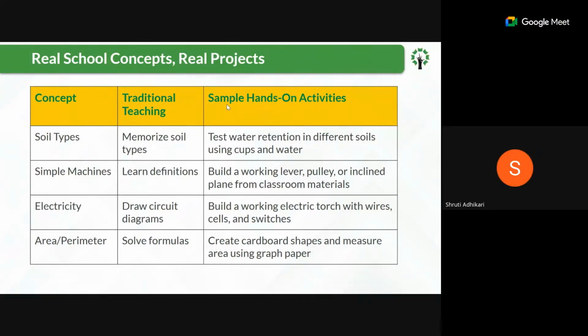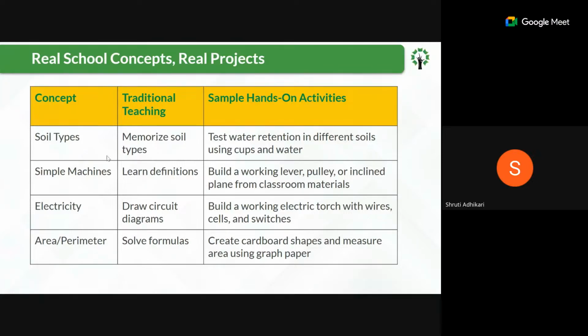Now, how can we conduct experiential, project-based learning while teaching this particular concept to the students? So this is just one activity. They can test water retention in different soils using cups and water. So this is one hands-on activity.